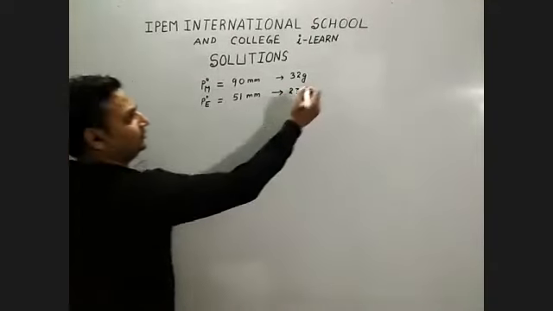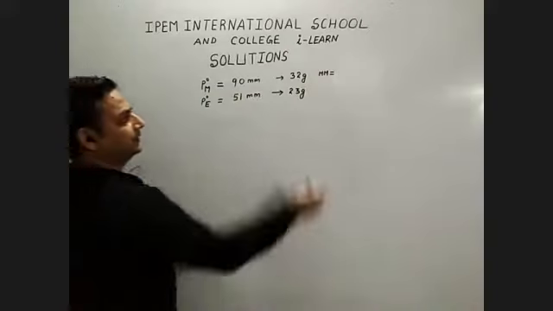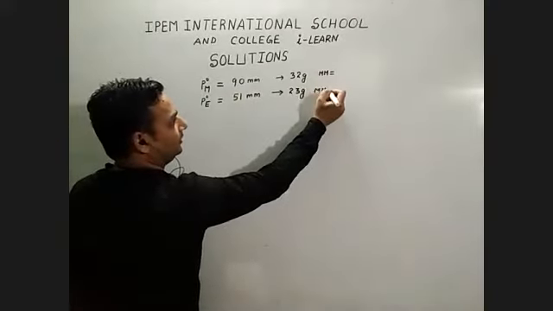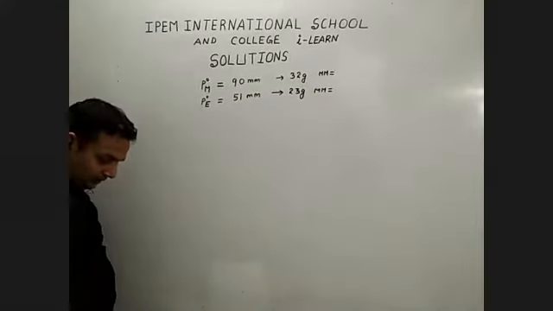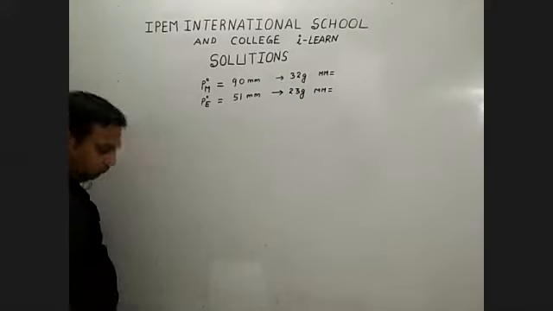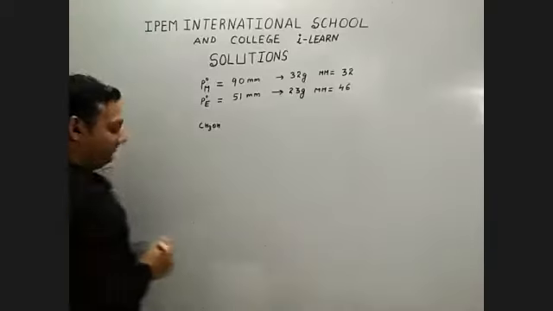Now, the molecular mass of methanol, methyl alcohol, CH3OH, is how much? 32. Ethyl alcohol, 46. The moles, methanol, it will be 1.